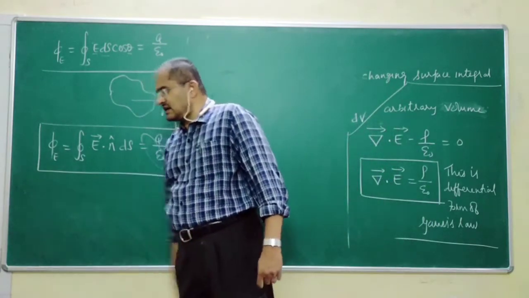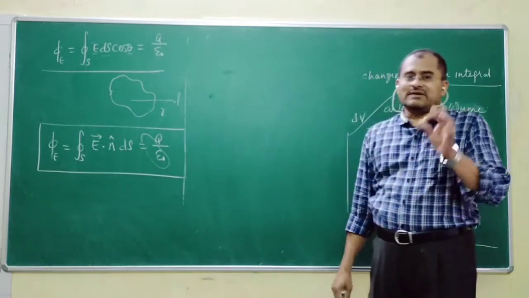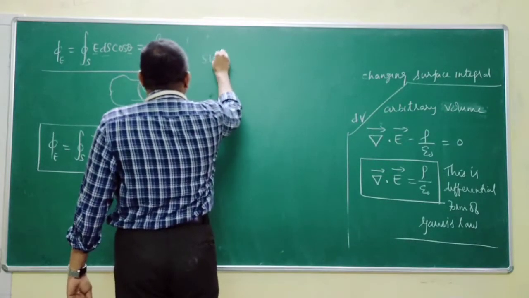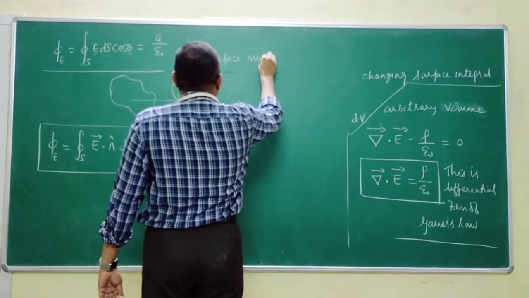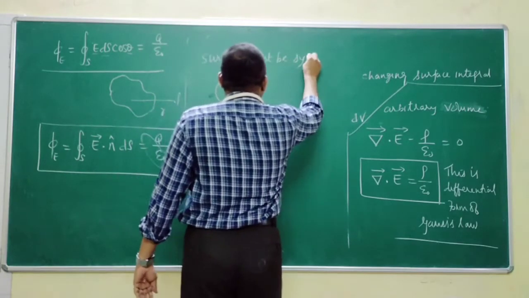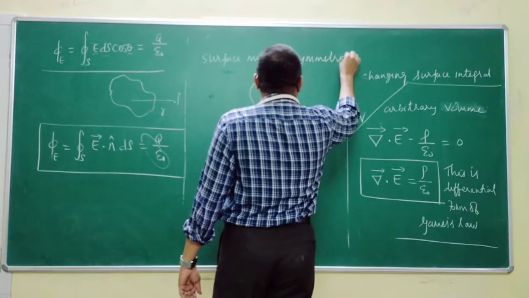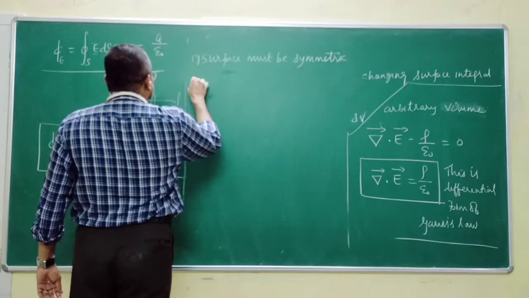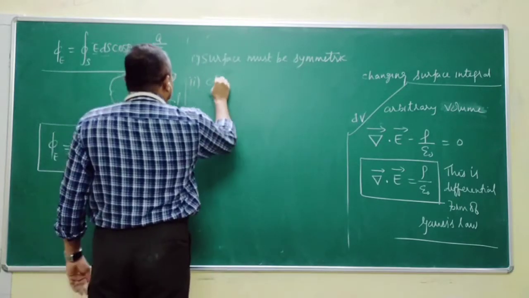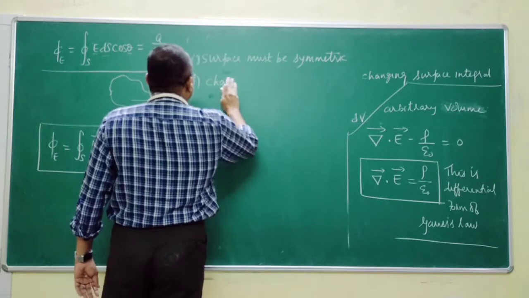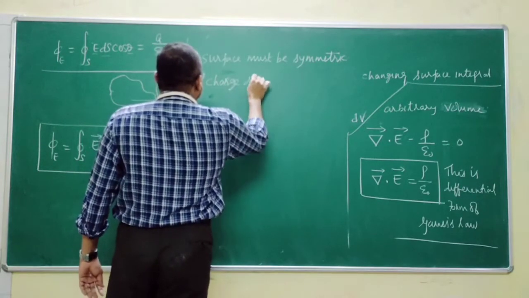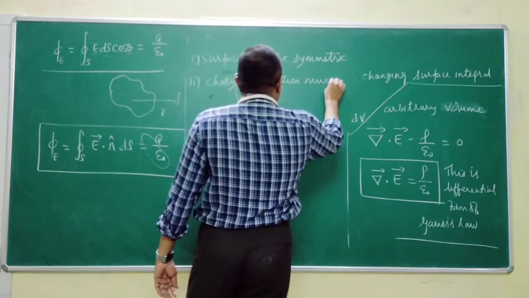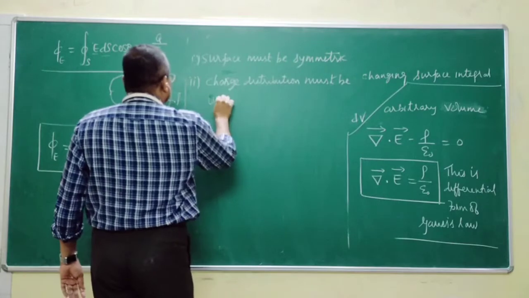To apply Gauss law and determine electric field intensity, the first condition is the surface must be symmetric. The second condition is the charge distribution must be uniform.